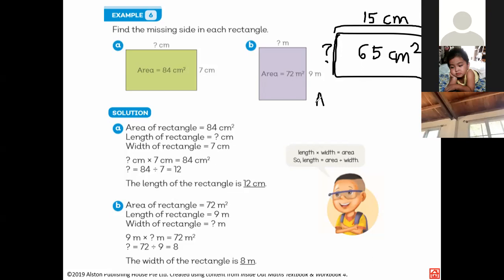All right, so that's 65 centimeters squared divided by 15 centimeters.